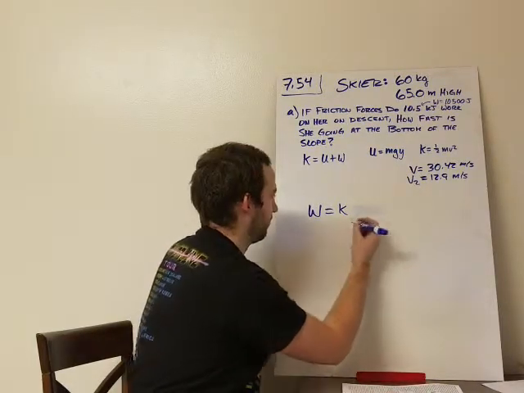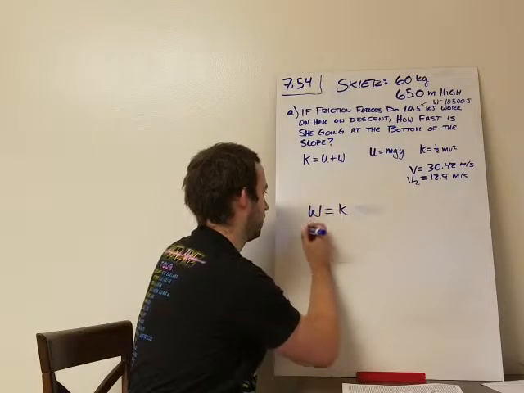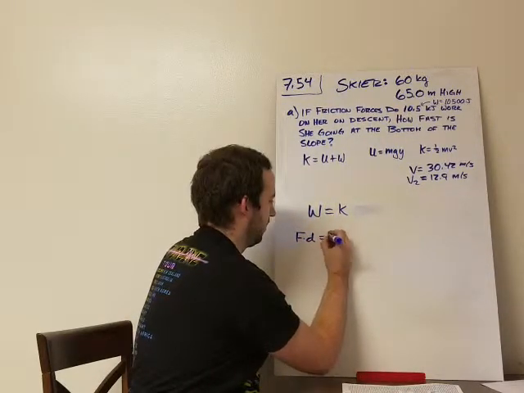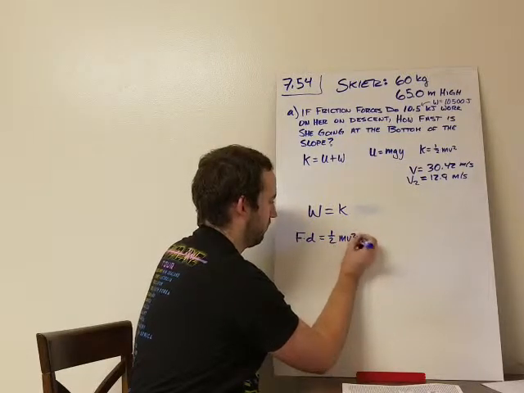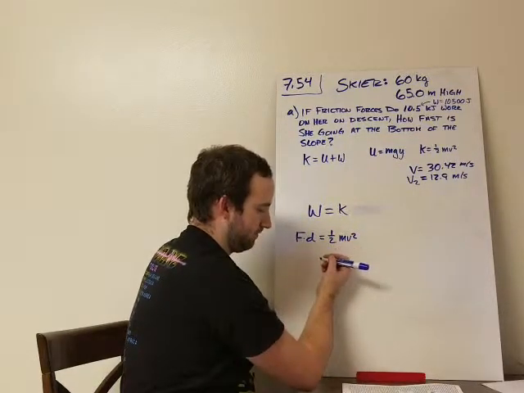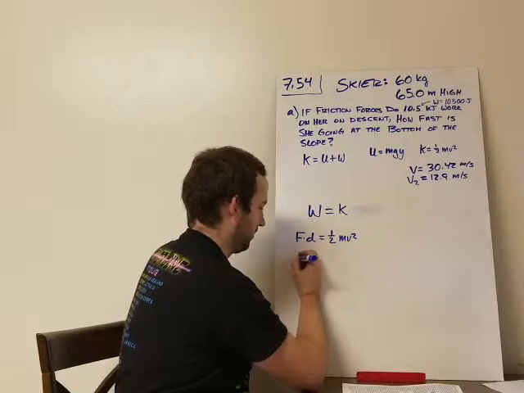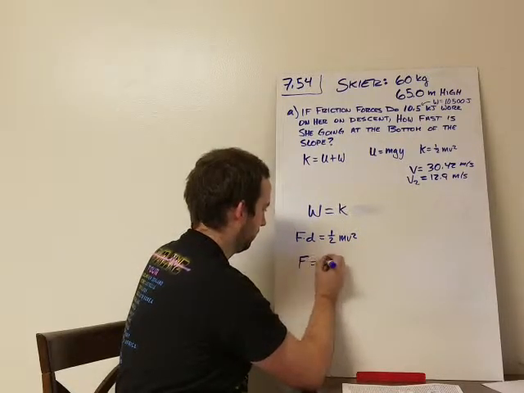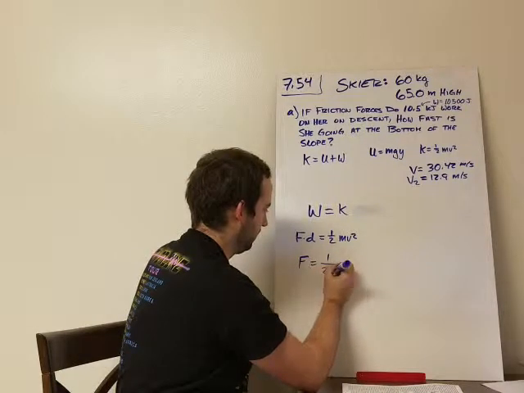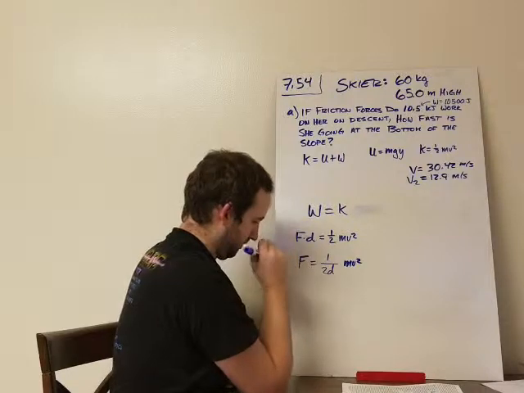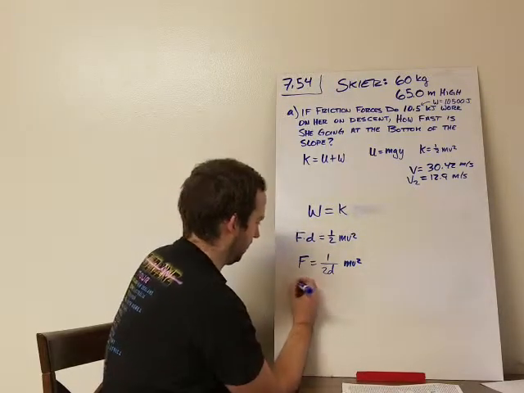We also know, once again, that work equals Fd, and K equals 1/2 mv squared. To solve for the force, we get F equals 1/2 mv squared over d. Now we just plug everything in.